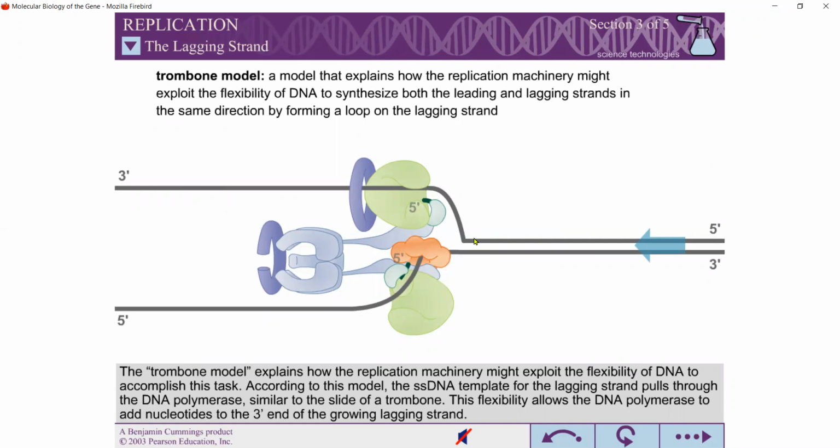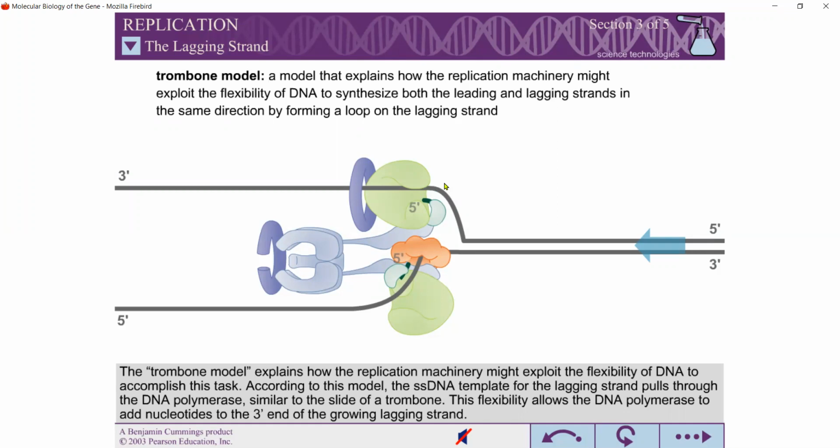This is the replication fork. As you can see, the helicase has encircled one DNA strand and is moving in this direction. If this is the 5' end of the mother, this will be the 3' end of the mother.